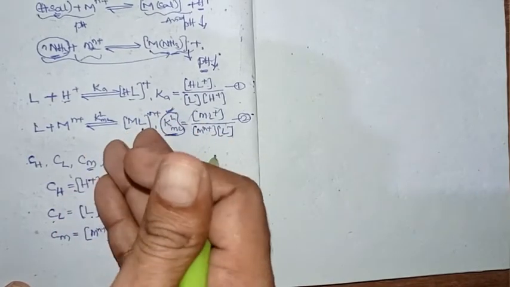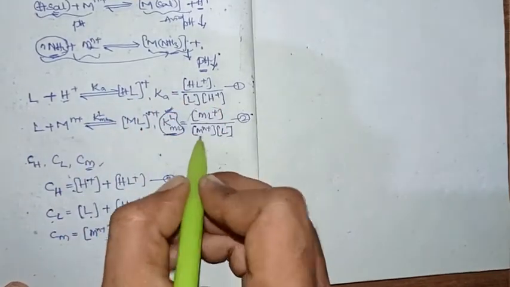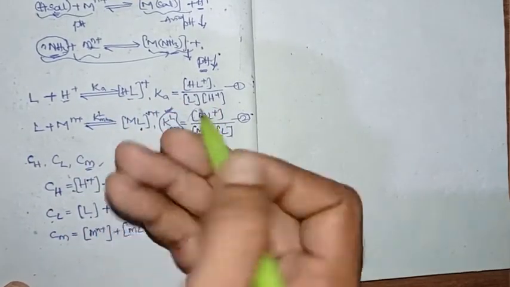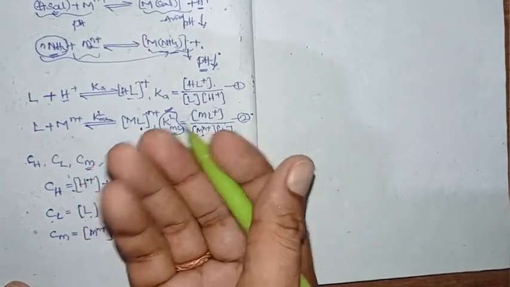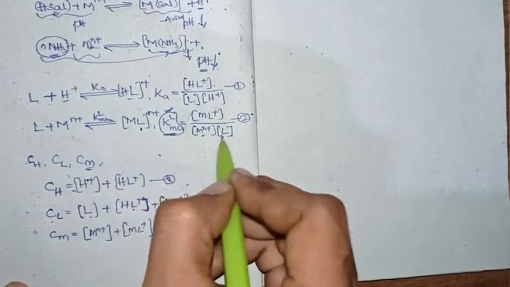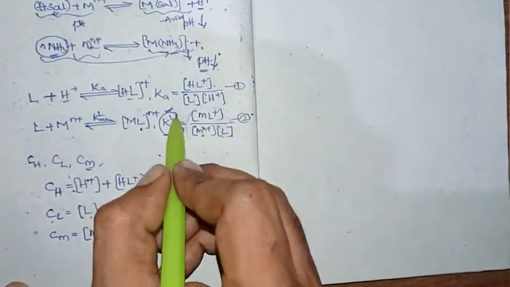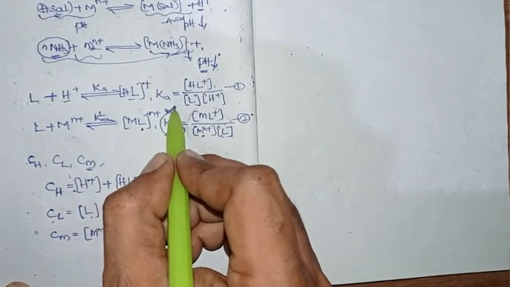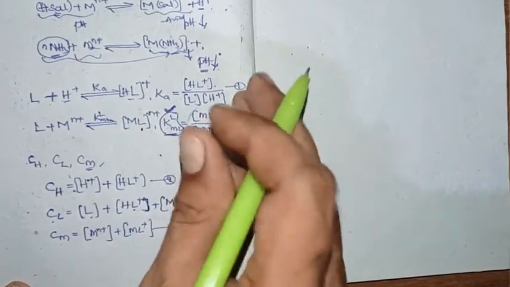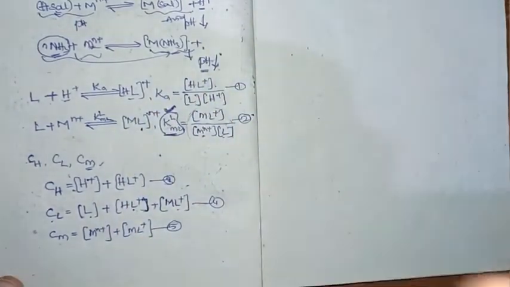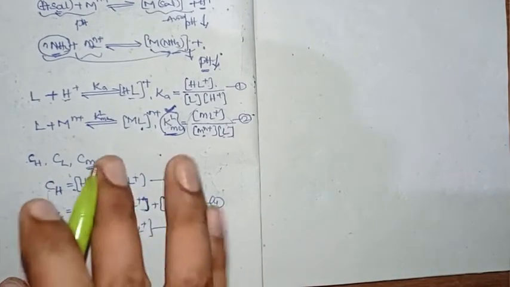How much metal complex is formed in this reaction, we don't know. How much metal ion remains, we don't know. How much ligand concentration remains, we don't know. So all these unknown terms we have to convert into known terms. Then we will have the equation derivation for the stability constant. For that we will consider the initial concentration equations, right?